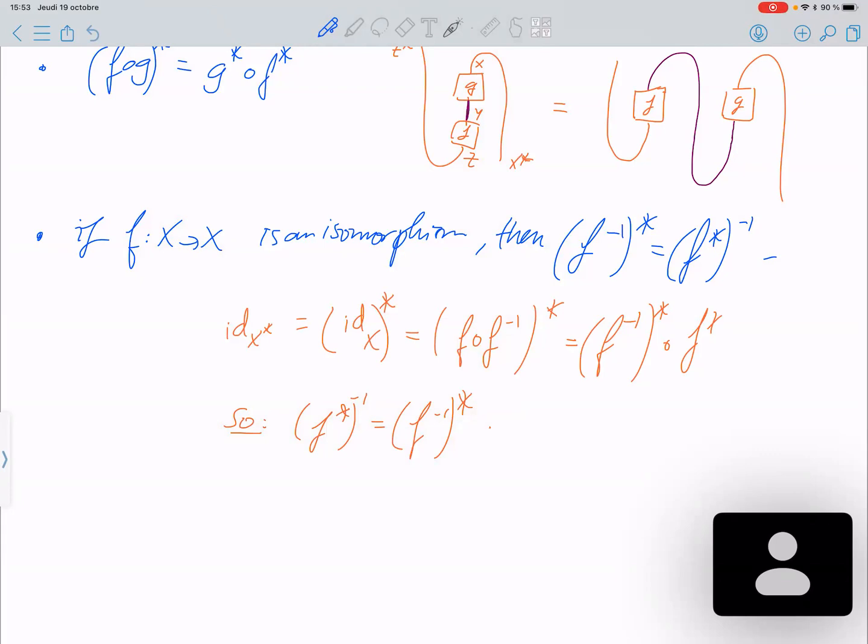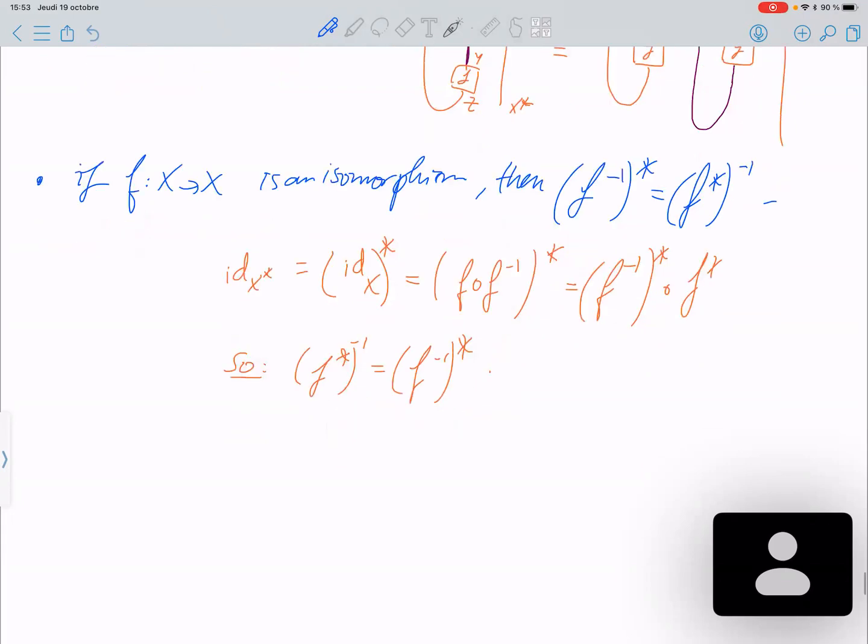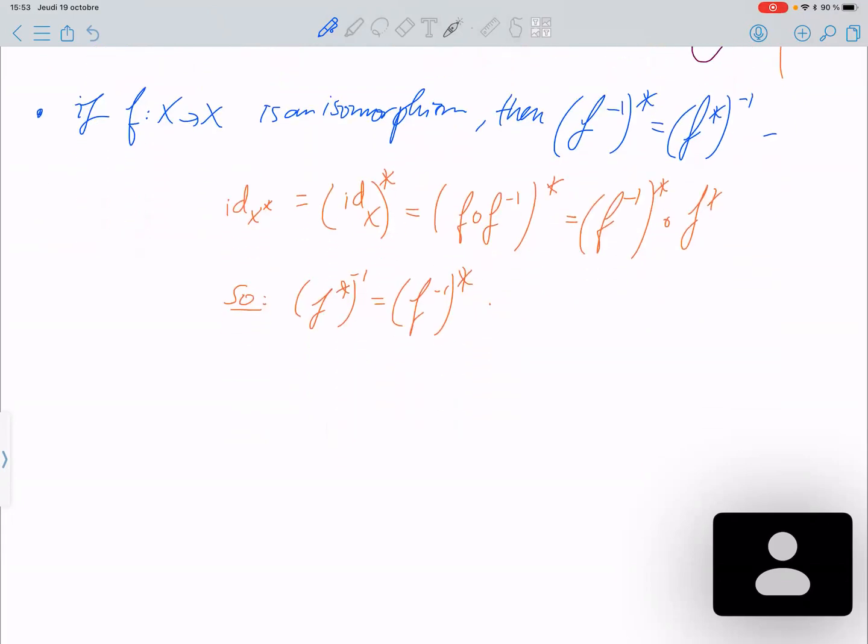So now let me state and prove something still straightforward, but not completely trivial. Lemma. I wrote 2.1 because I may refer to it later. So let C be a monoidal category.